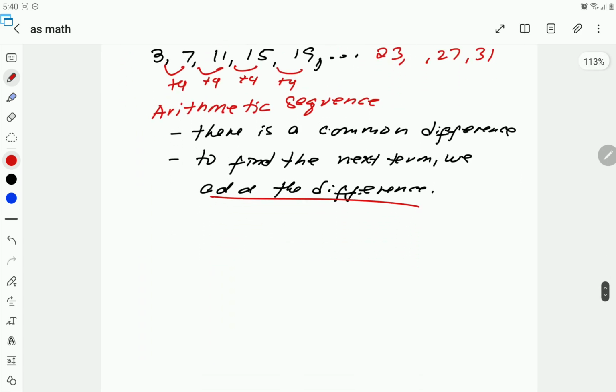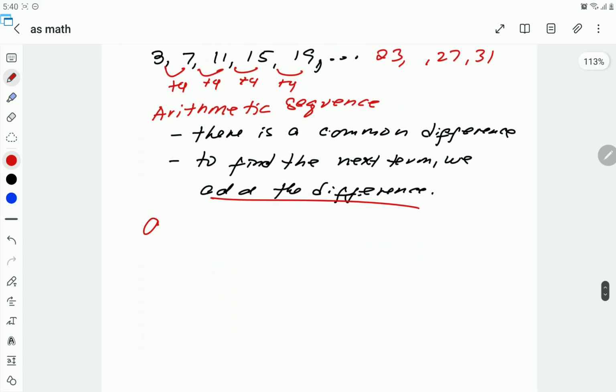Okay? Now, please remember, for all arithmetic sequences, the nth term follows this formula: a n plus b.